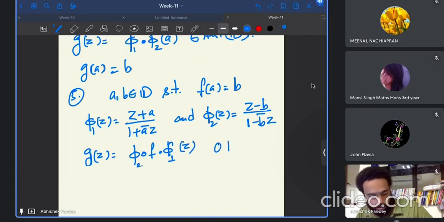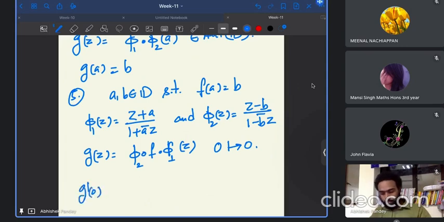So 0 goes to 0. So basically we want to use the Schwarz lemma. And what would be g dash of 0? It is nothing but phi 2 dash of f of phi 1 of 0. Phi 1 of 0 is a, so phi 2 dash of f of a, which is b.